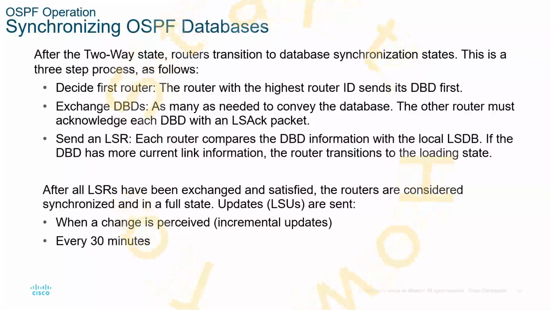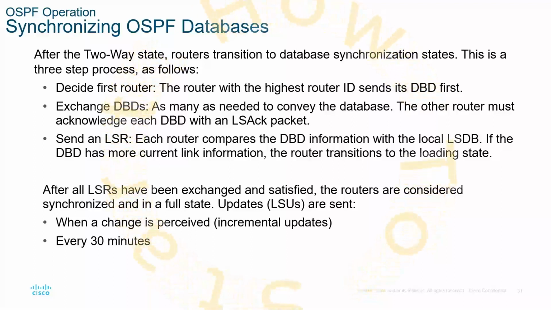After the two-way state is enabled, the router will transition to a database synchronization state. Basically, this is where there are 3 steps that will occur to actually transition and sync database information. First, the router with the highest router ID, whatever the master router is, will send the database descriptor (DBD) first.